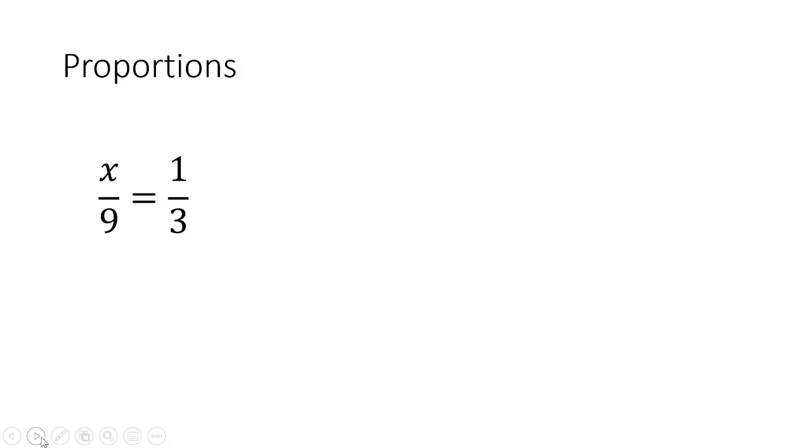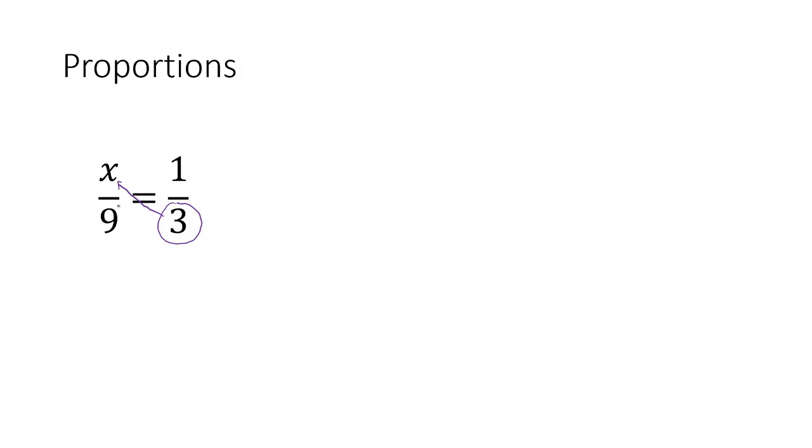So now let's work on solving proportions. We already did one like this, but these are types of problems you're going to see in tonight's homework, where you have to solve a proportion. How we're going to do that is by cross multiplying. So we're going to take the 3 and cross multiply it across the equation.